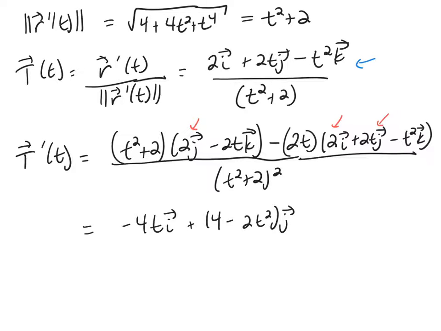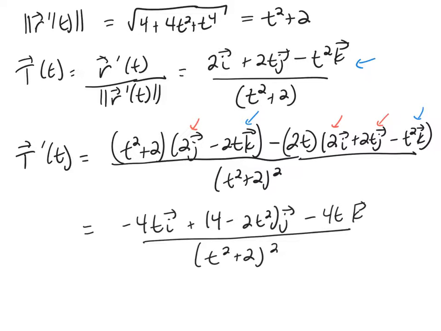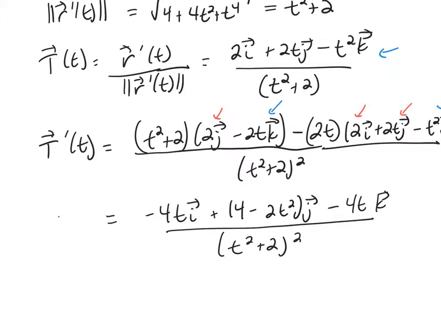And then very finally, my k terms are here and here. So I've got to distribute, and then you'll end up with minus 4t k, all over t squared plus 2 squared. And so this is my vector T prime.